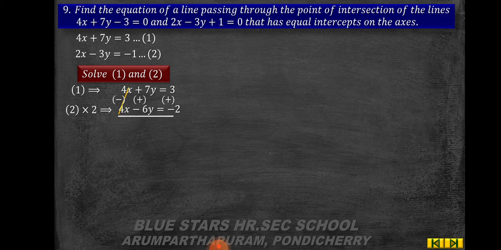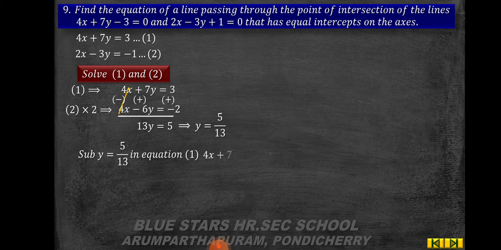4x minus 4x gets cancelled. 7y + 6y is 13y, equal to 3 + 2 is 5. So the value of y is 5 by 13. So substitute y = 5/13 in equation 1, which is 4x + 7y = 3.